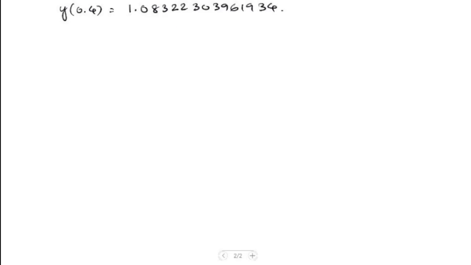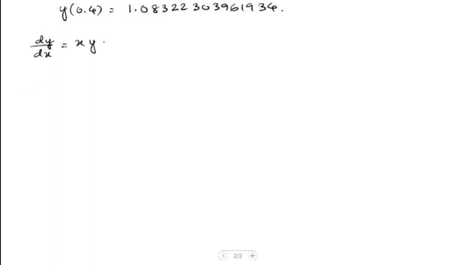So here now, to go to the exact value, we need to find the function for this differential equation. We have the differential equation dy by dx is equal to x times y. So we take the dx to the other side and y to this side, keeping the same terms on one side.